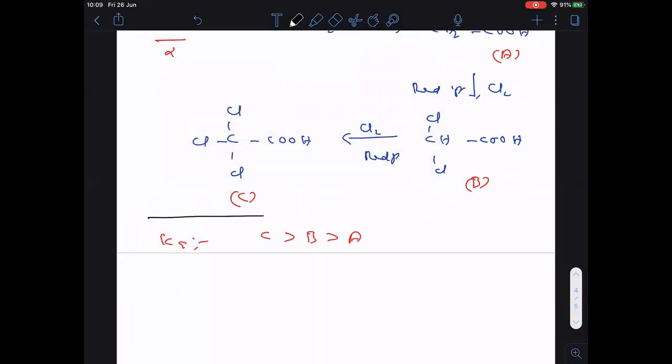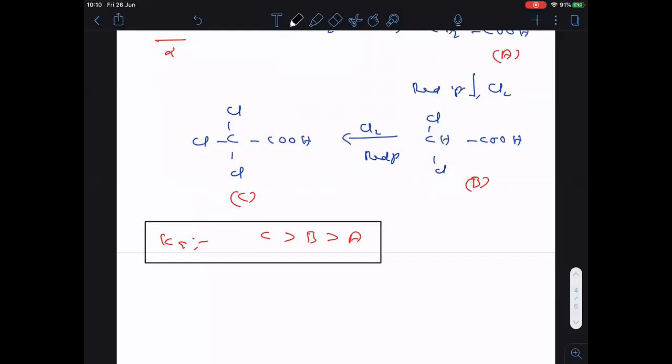So this is the acidic strength order of the 3 products formed here. Please copy it quickly.